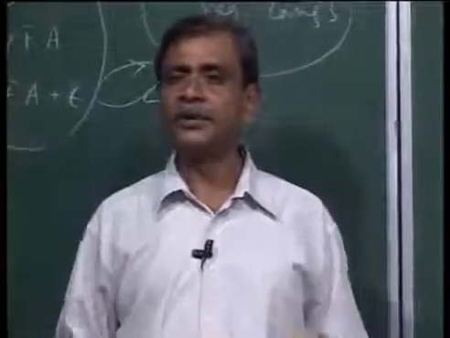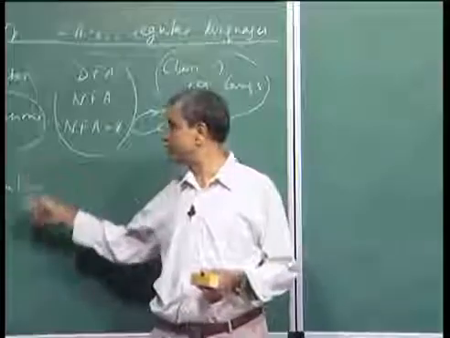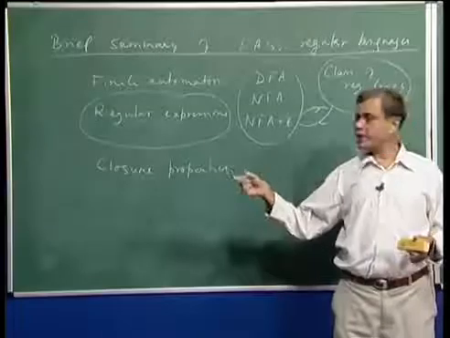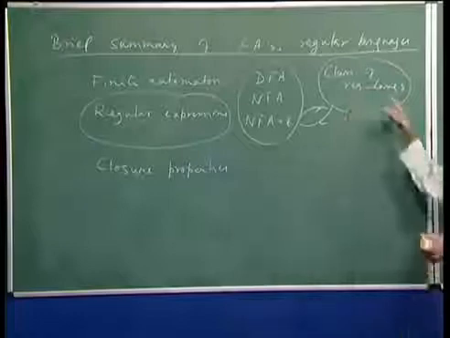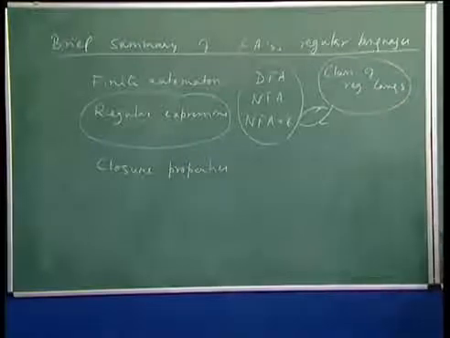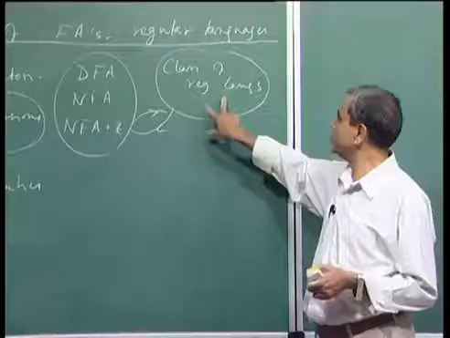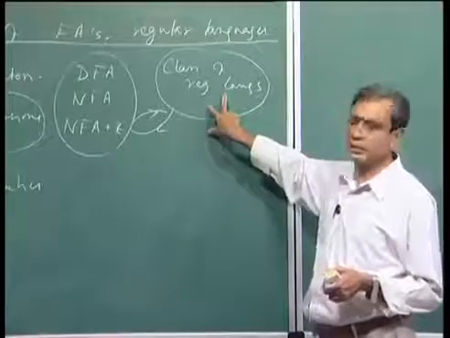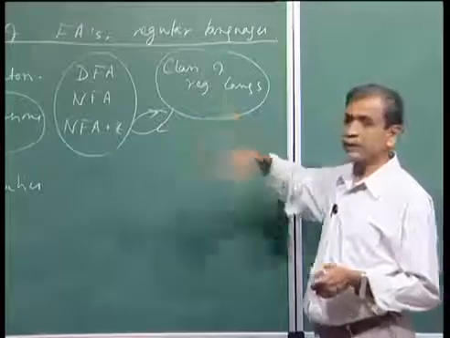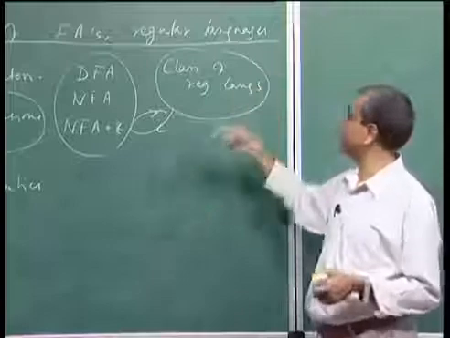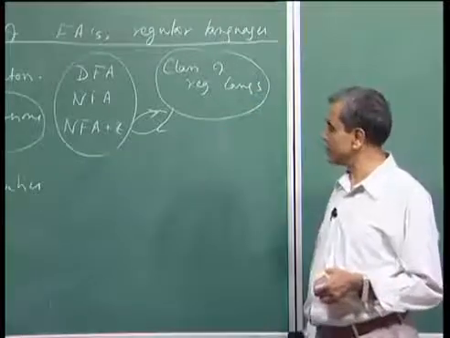For many of these operations, the language class is closed. That means if I take two languages and apply that operation to get another language, that new language also will belong to the same class.